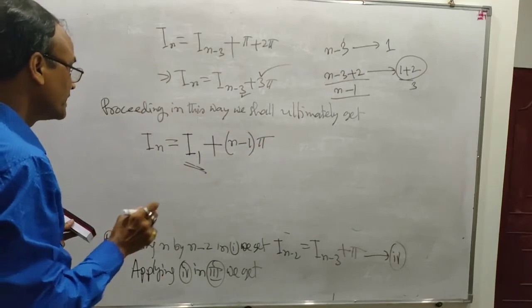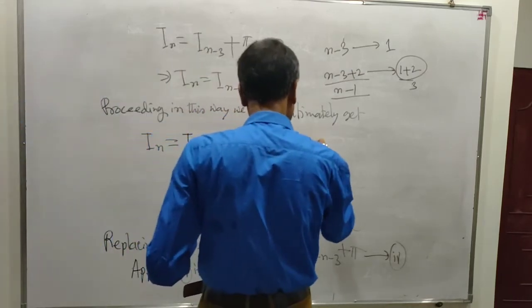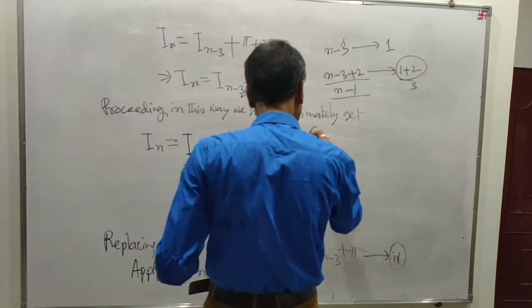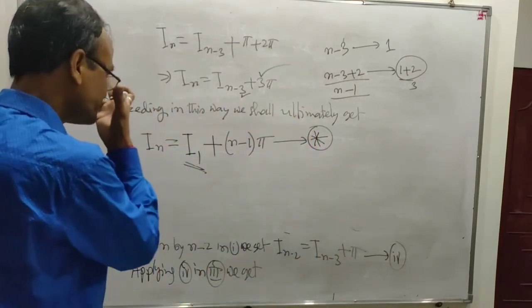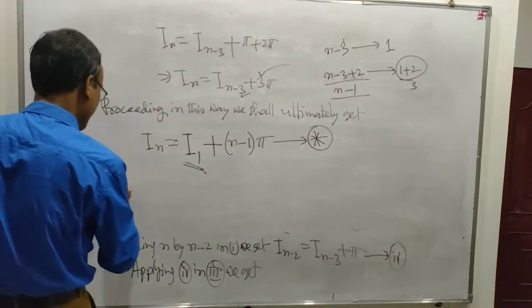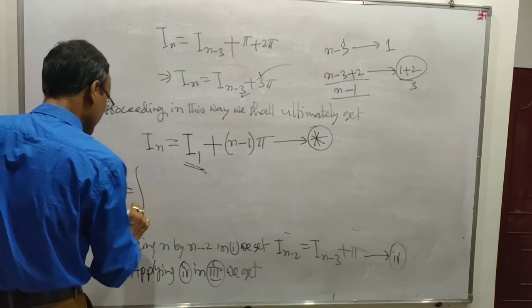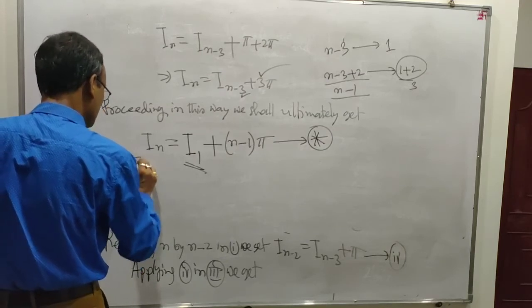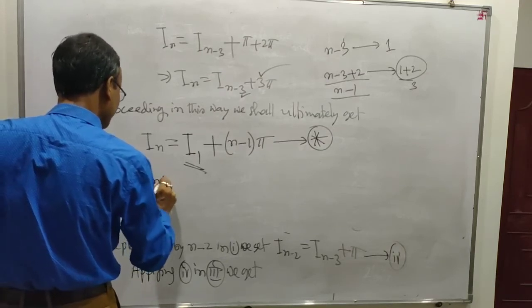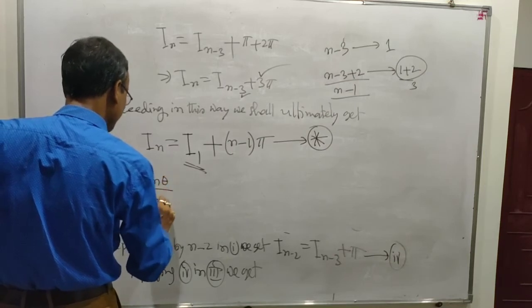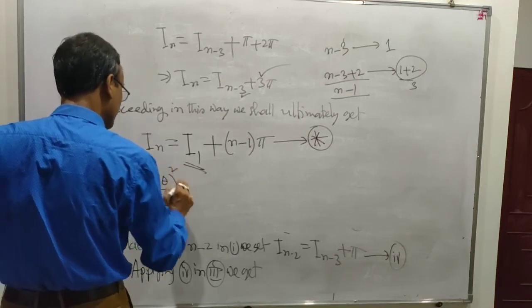n minus 1. Suppose it is number, another, suppose I am writing here as star. Now, I1 equal to integration 0 to pi sin theta divided by sin theta whole square.